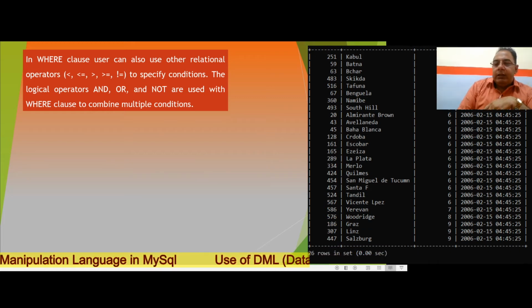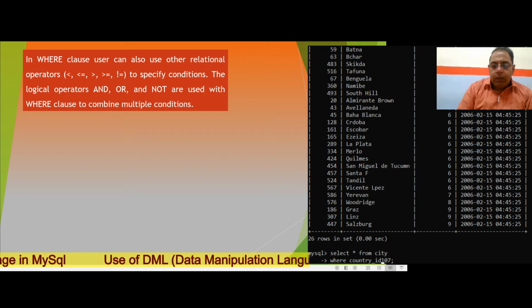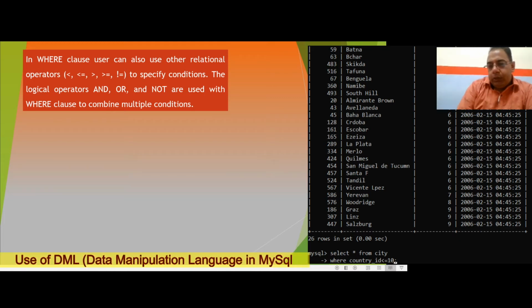After that, next I will use another where condition, less than equal to 10. Means I want to include 10 in the list.